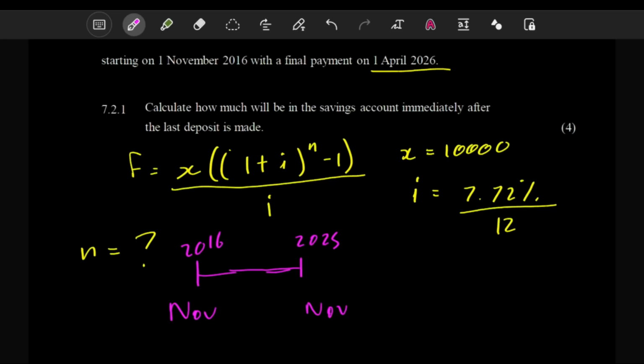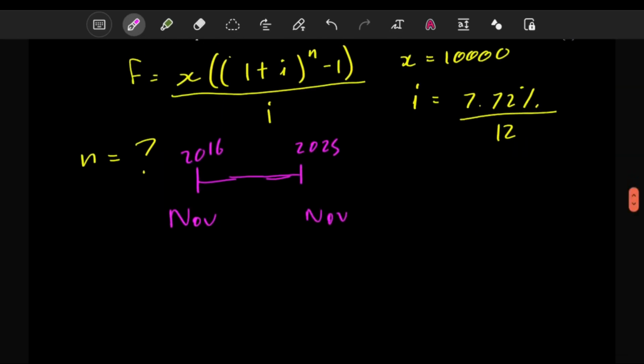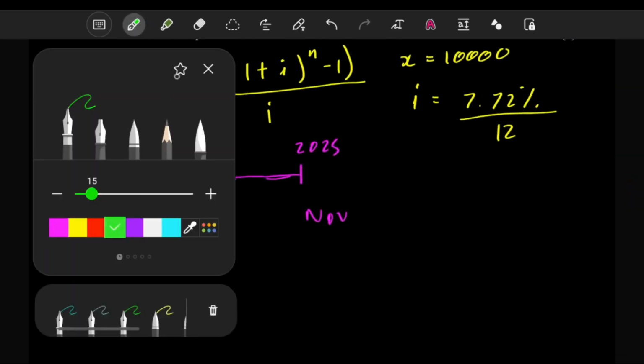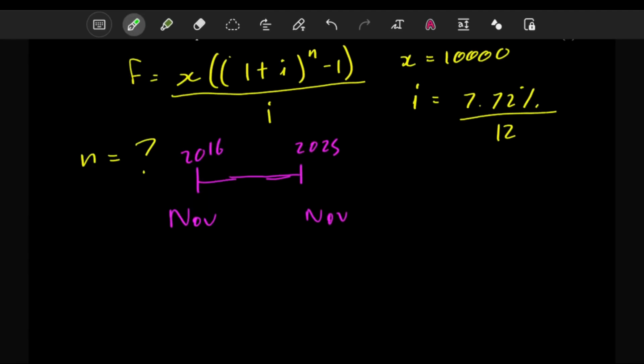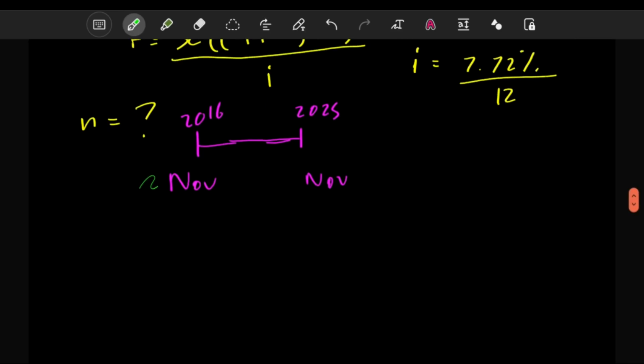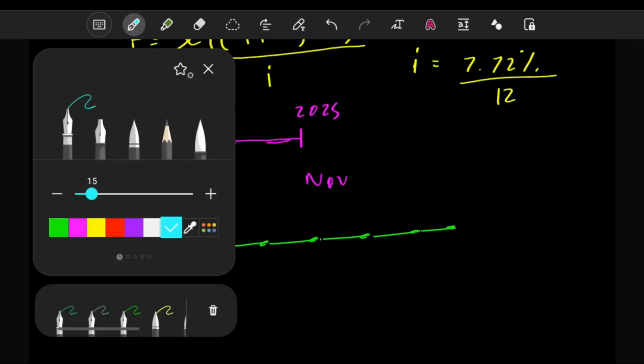How many years are those? November 2025 minus 2016. That is actually 10 years. This is very important, people. Let me not make it confusing.